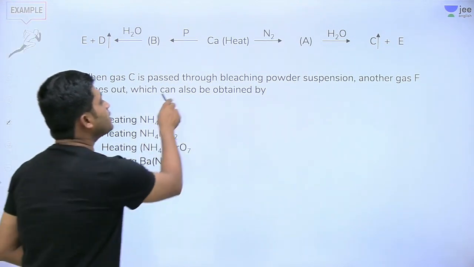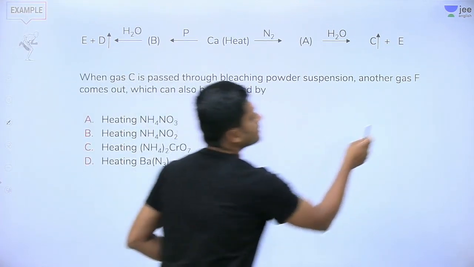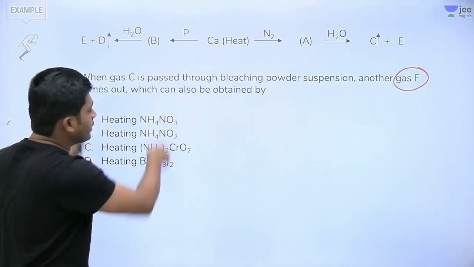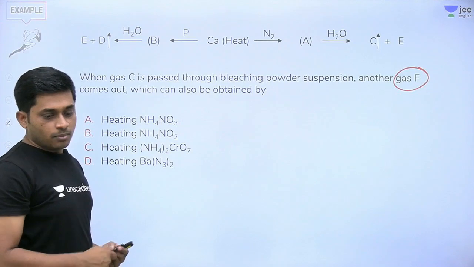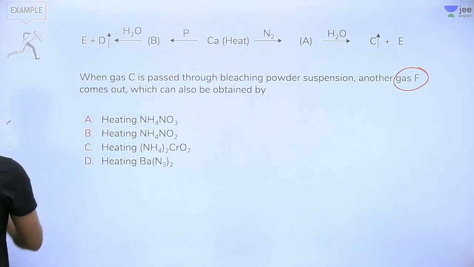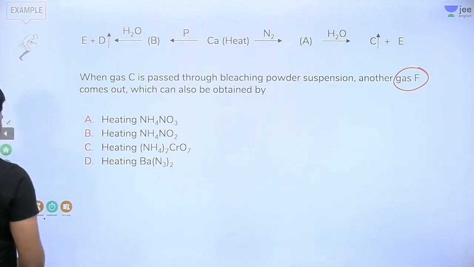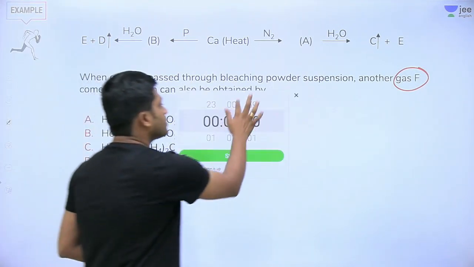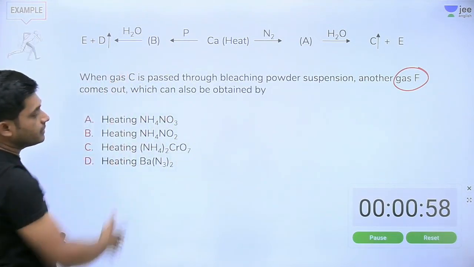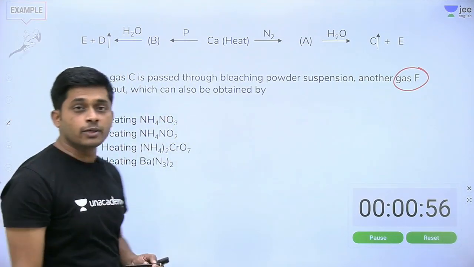So which can also be obtained. That means this F gas can also be obtained from which of the reactions. So more application based it is. So first identify what is C. Then do we get F gas from these options or not? This is also a very good question.